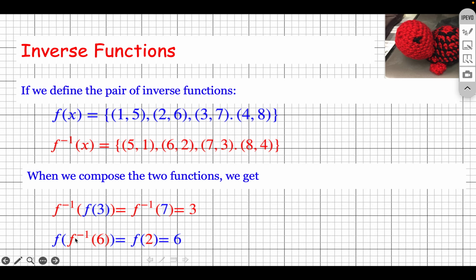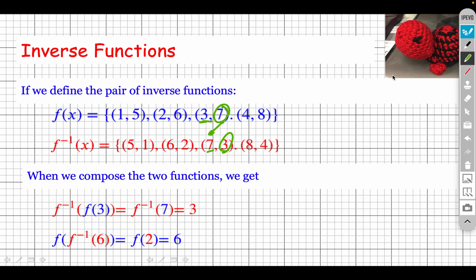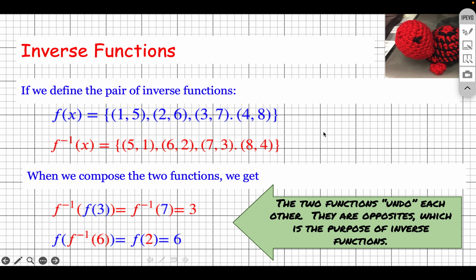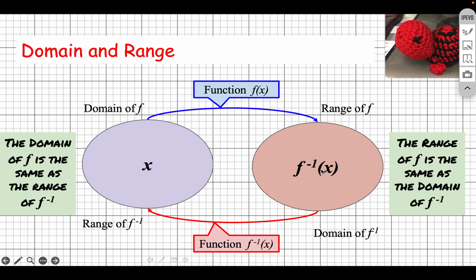Same way if we did f of f inverse of 6, f inverse of 6 would give you 2, and then f of 2 gives you 6. So again, the functions undo each other. They're opposites. That's what we use inverse functions for, to undo the function to get back to where we started.